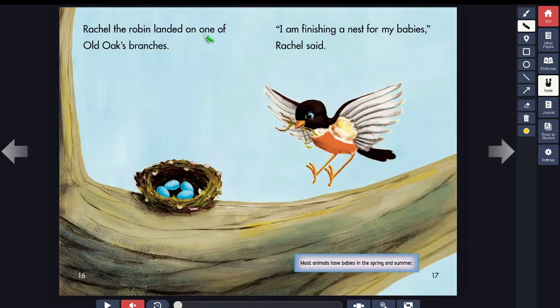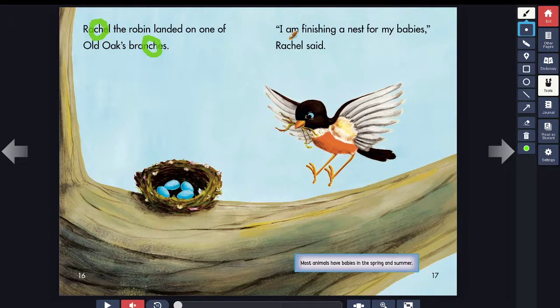Rachel the robin landed on one of Old Oak's branches. When I see two of our CHs here, I'm going to pick a different color. I'm going to use green. It reminds me of spring. We see our CH right here in the middle of this animal's name, and then we see our CH right here in the middle of this word, Rachel, the robin, and then we have branches.